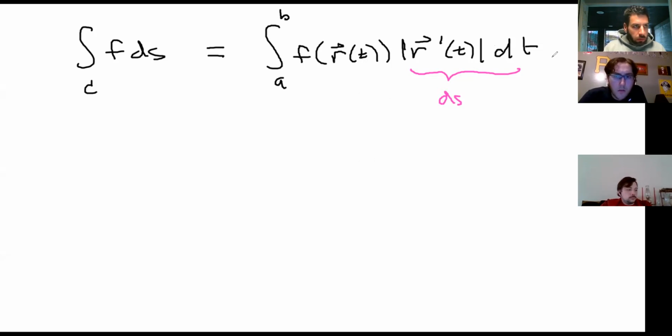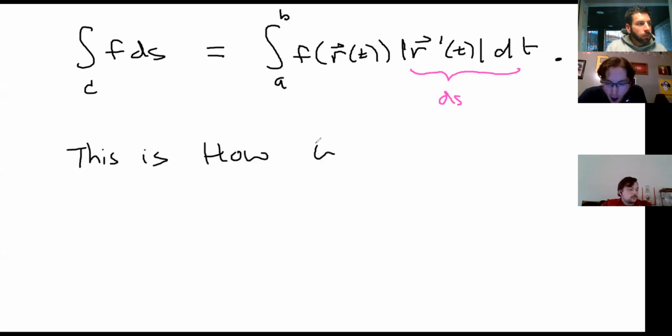So this is how we compute line integrals.